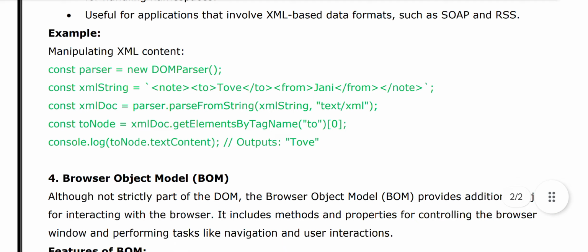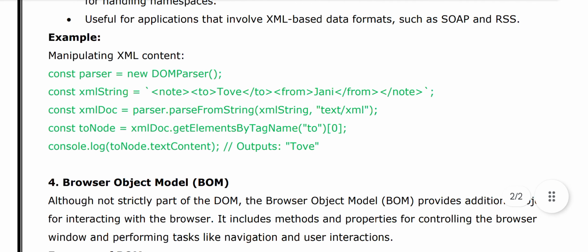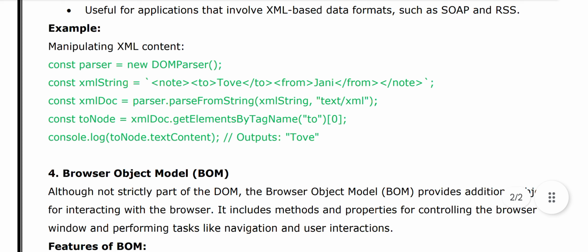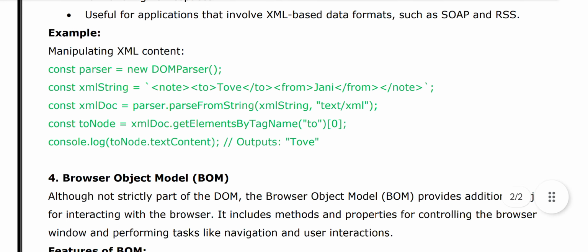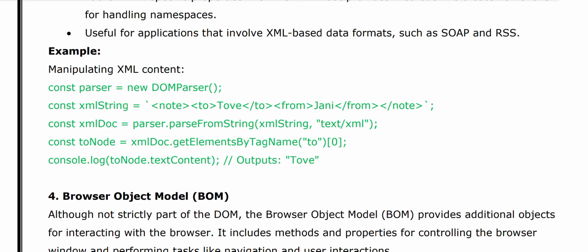We can take an example to understand XML. This is more complex than HTML, so let's focus on that. Here we create a variable parser. Here we create a new object of DOMParser. In this we give the element that we want to create, here an XML string. We use these special quotes, and note and note are tags like we use in HTML.